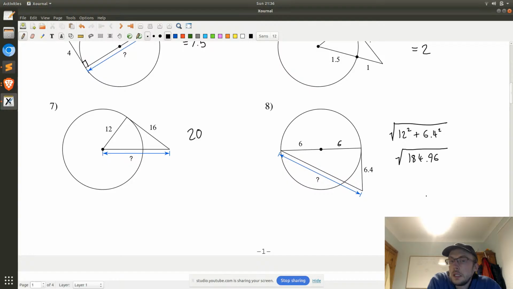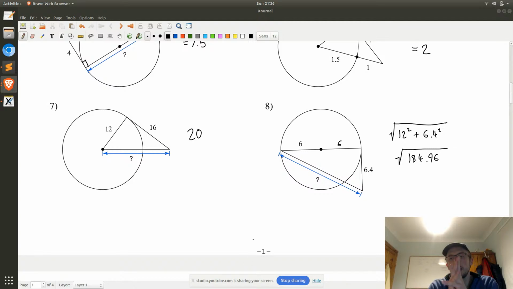No, it's not a perfect square, is it? And you see here, it is. What's going on here?